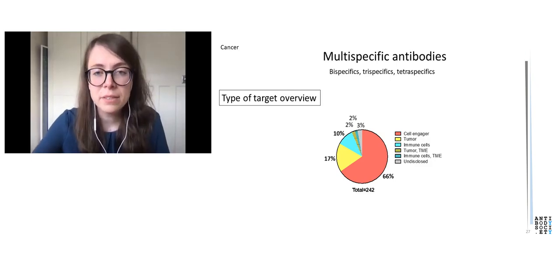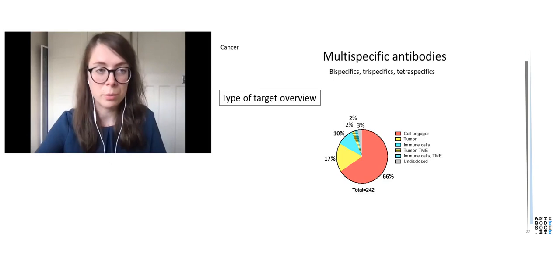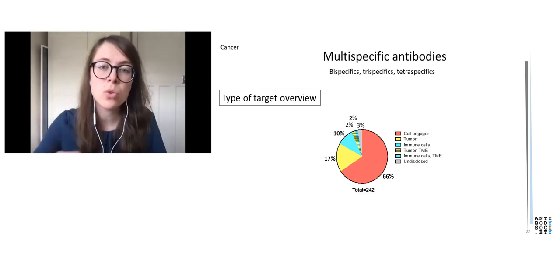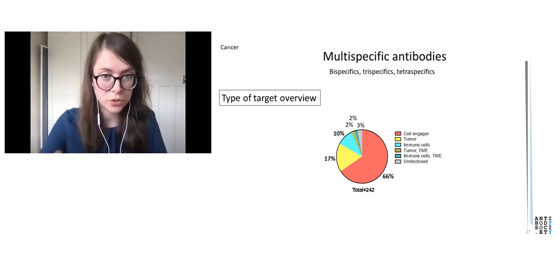We have stratified this group according to the type of target. Most of these antibodies are cell engagers, followed by antibodies targeting the tumor only, and antibodies targeting immune cells only. And then we have antibodies targeting the tumor or the immune cells, but also the tumor microenvironments, such as cytokines. And I'm going to talk about in details about the first three groups.